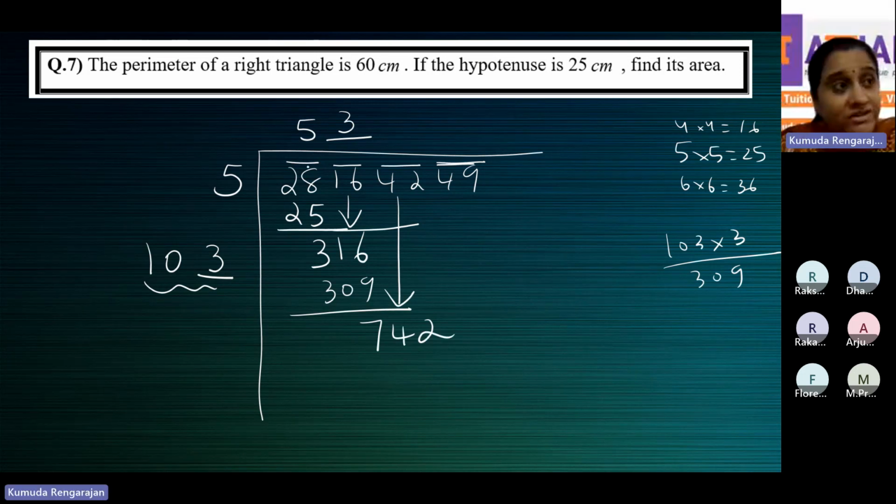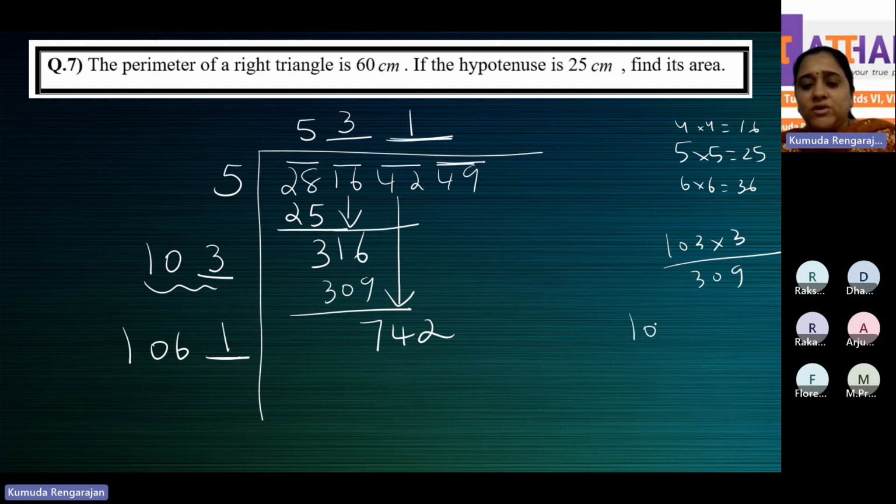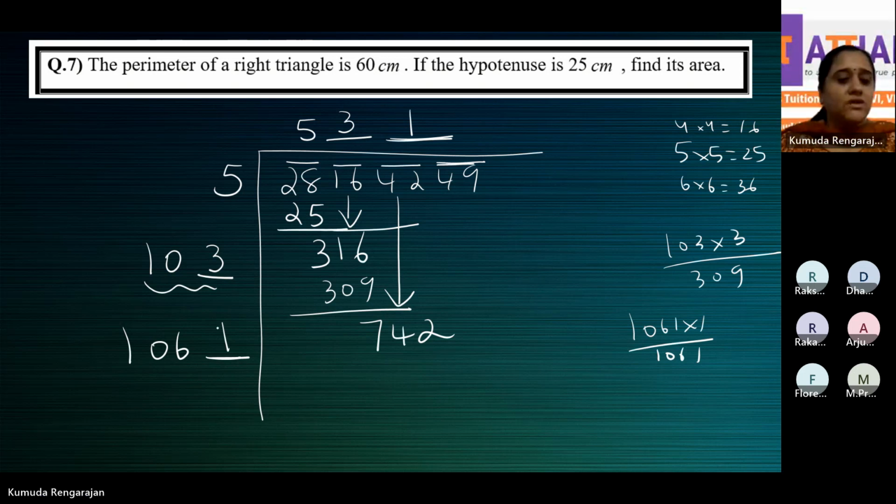Double the quotient, 53. Double it, 106. Whatever you place here, you must place the same thing here. Now if you place 1, it will become more, because 1061 into 1 is 1061, but the number is just 742. You can't write even 1 here.